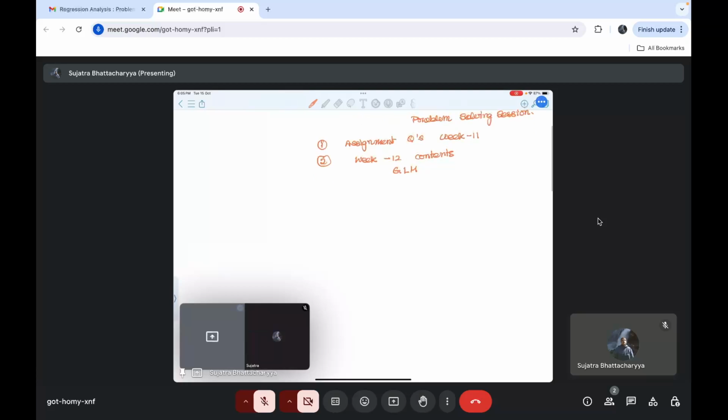The week 12 assignments are based on the exponential family of distributions. So we will touch upon this and solve some practice questions based on that. These are the topics we will be doing today.